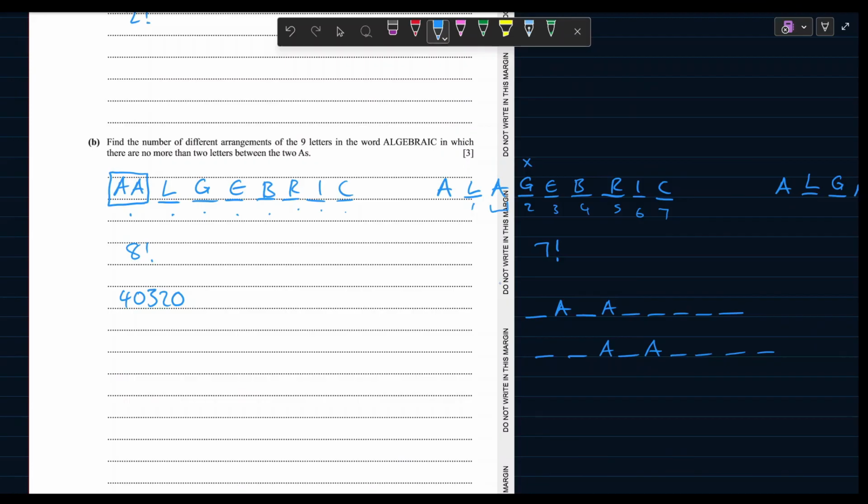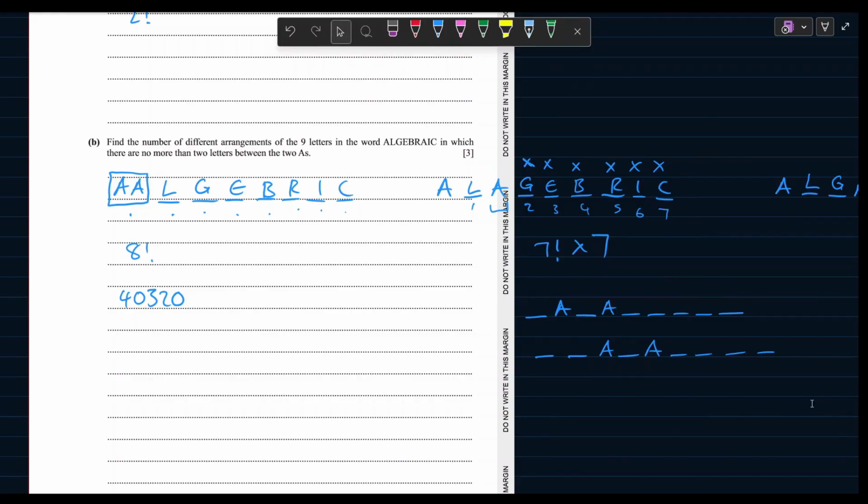I could keep doing this until they get to the end, but of course that's tedious, so I'm not going to do it manually. That just means that I can move my A's to this position. So that's the second scenario, that's the third scenario, that's the fourth, the fifth, the sixth, the seventh. So I have to multiply this by 7 because my A's can be in 7 different positions whilst still maintaining that gap of 1 letter in between them.